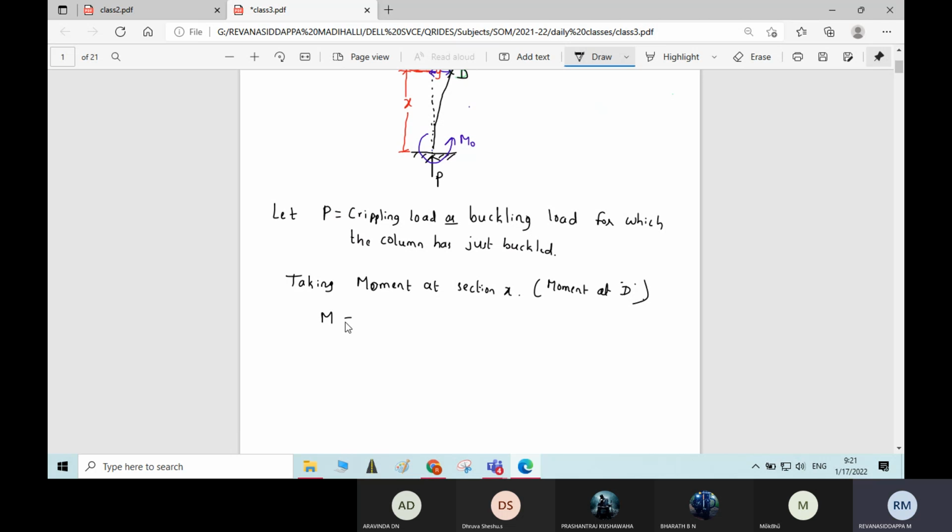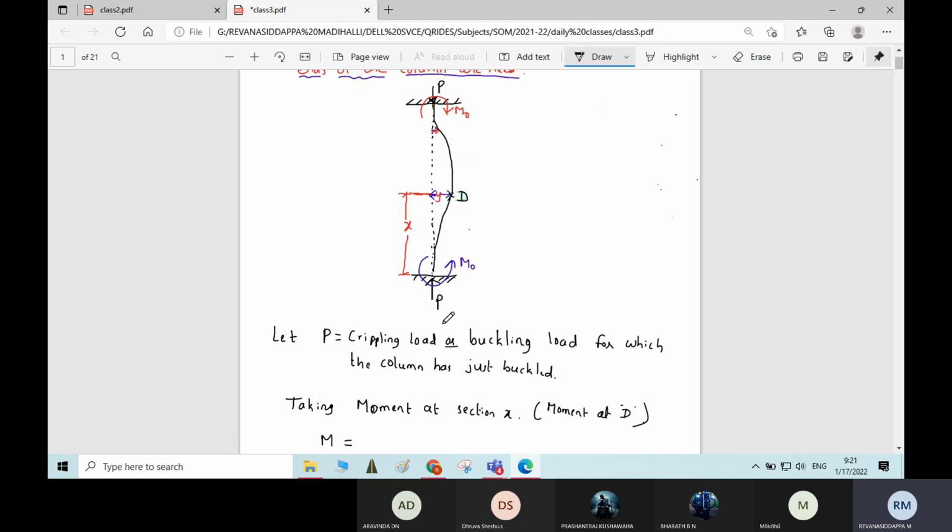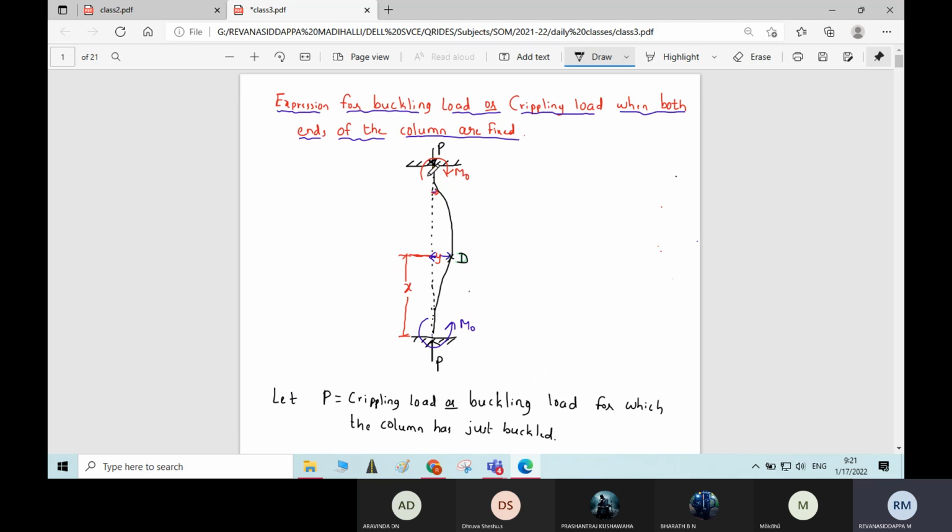M is equal to what you will get? See, here we have a clockwise moment. Either we can find the moment from bottom to top or top to bottom, as we used to find moment either from the left side of the beam or right side of the beam during support reactions and BMD SFD model which we were learning.